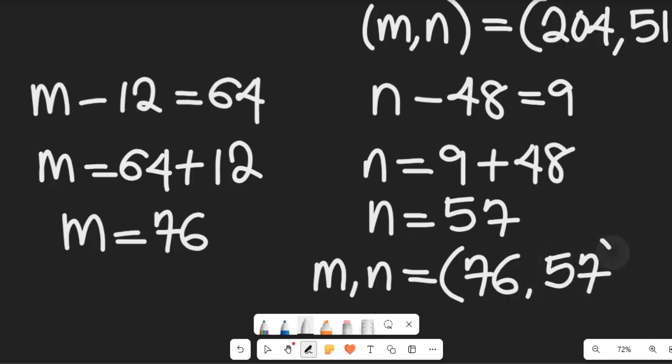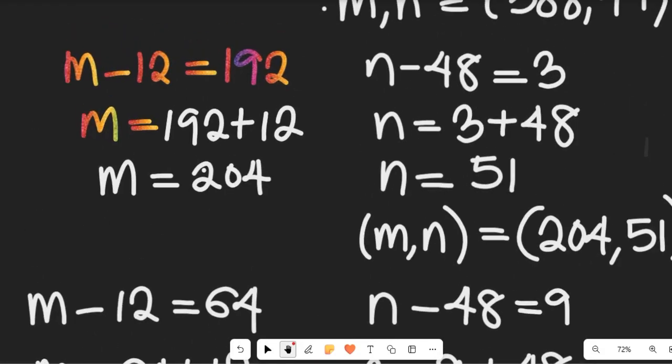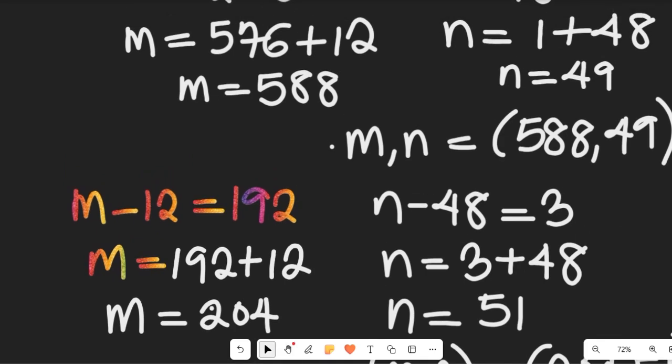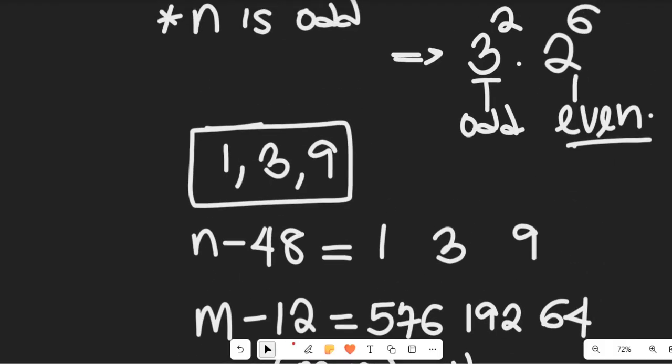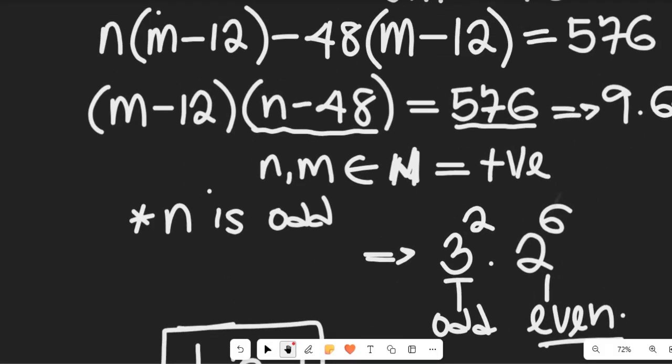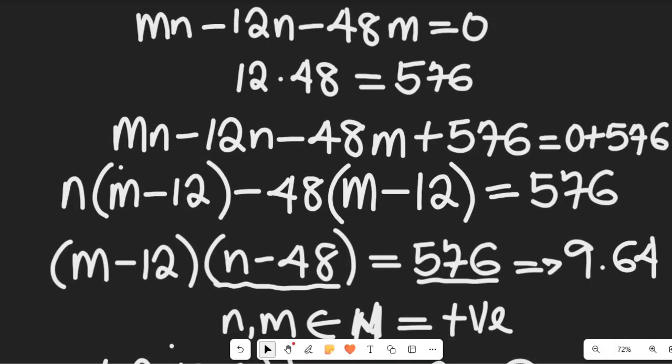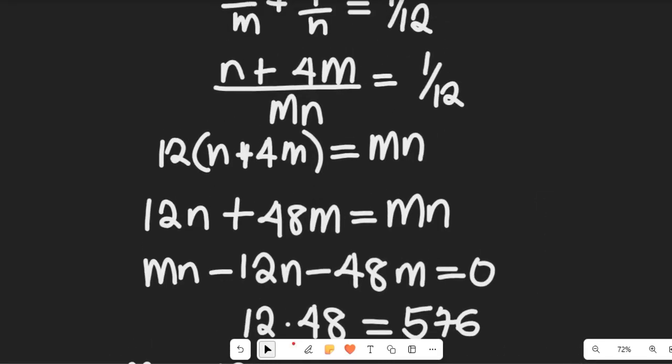Now you notice that all the values of n from all these expressions are odd numbers. And recall that the question says we should find the values of m comma n, which are elements of natural numbers, with the values of n being odd.